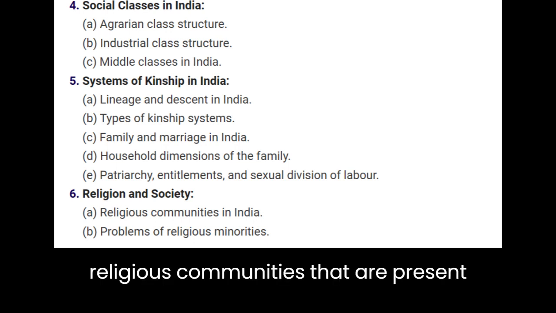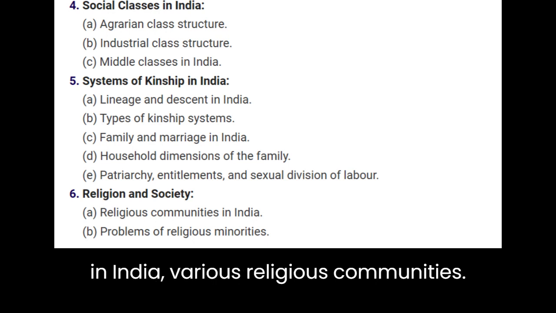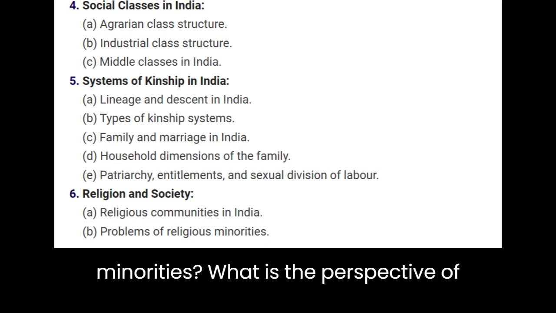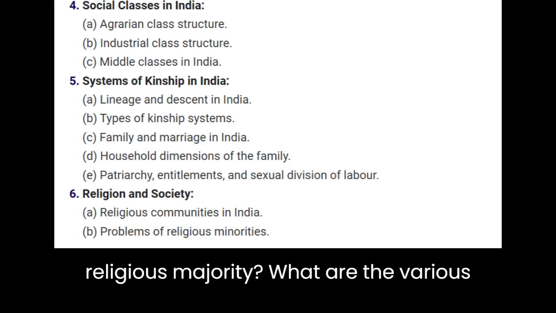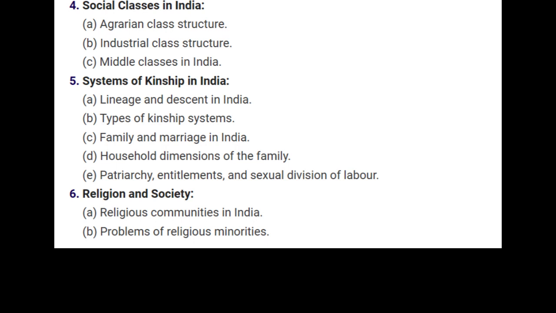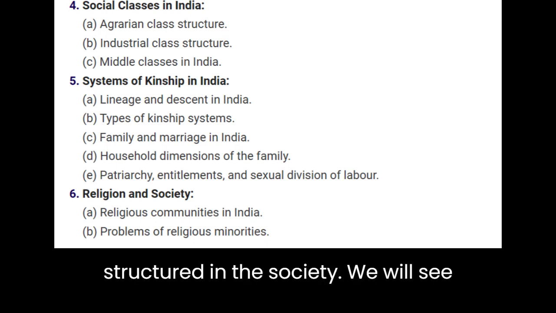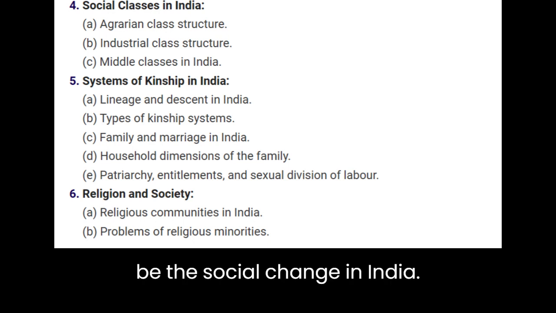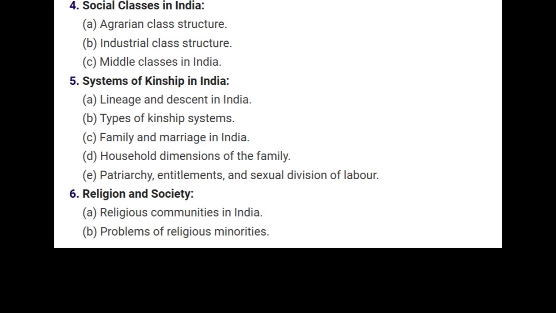We will see the religious communities present in India, what the problems of religious minorities are, what the perspective of the religious majority is, what the various religions are, and how they are structured in the society.